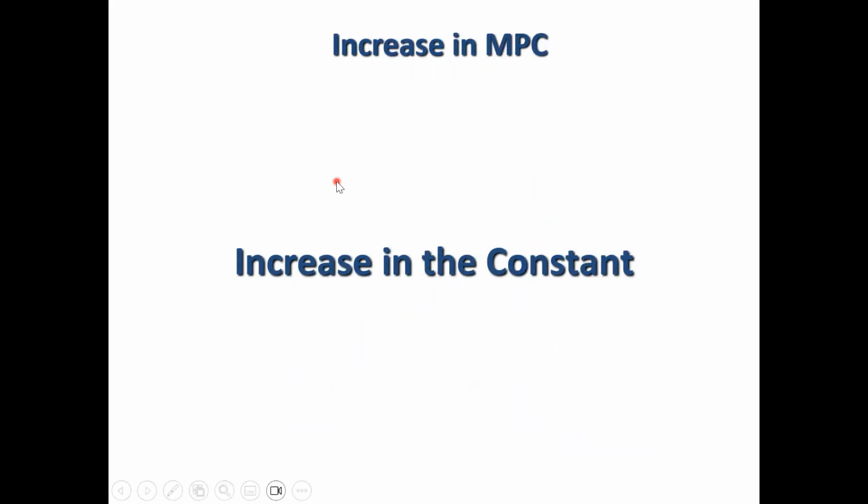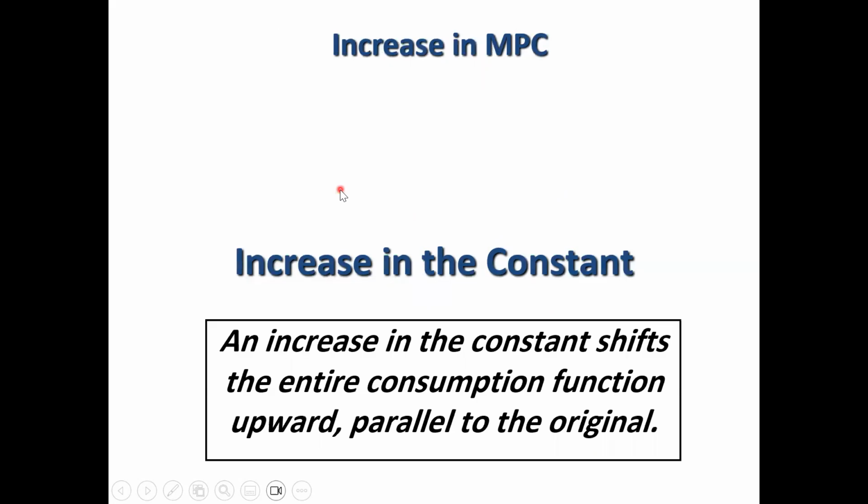If we have an increase in the constant, we can represent it graphically, and we can also represent an increase in the marginal propensity to consume. Increasing the constant will shift the entire consumption function parallel to the original, upward. So there will be an upward shift.